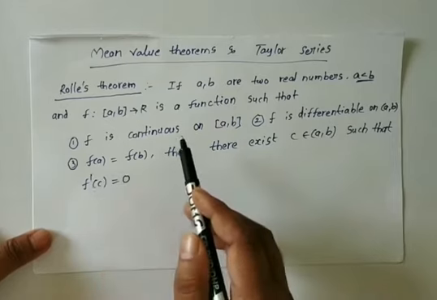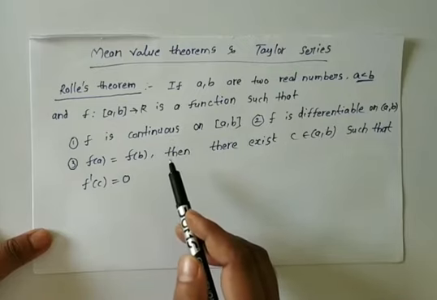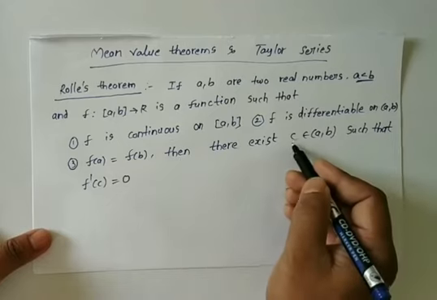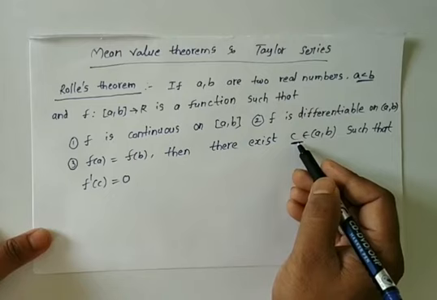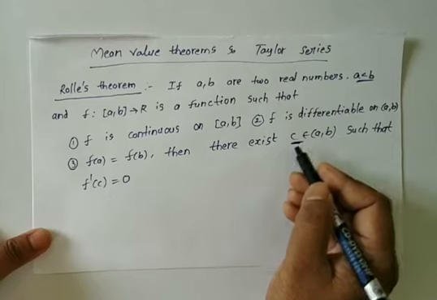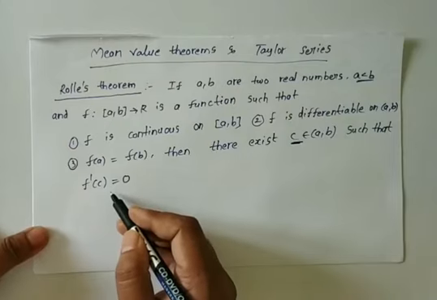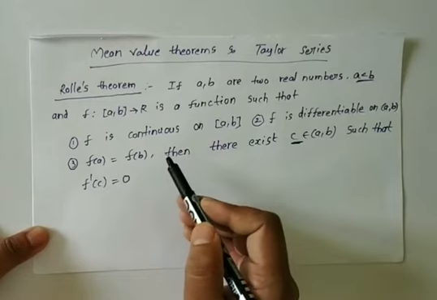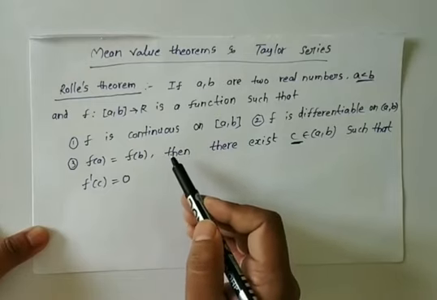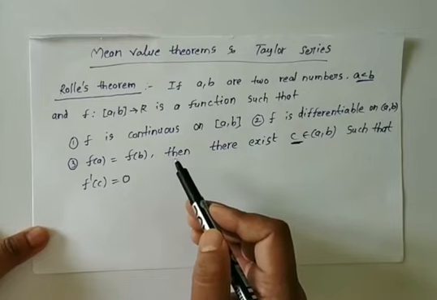Okay. If these three conditions are satisfied, then there is at least one c. We can find more than one also, no problem, where f dash c is going to be 0. If the function f of x satisfies all these three conditions, then we can say that Rolle's theorem is applicable, otherwise it is not applicable.